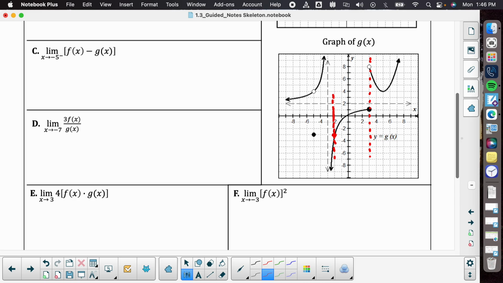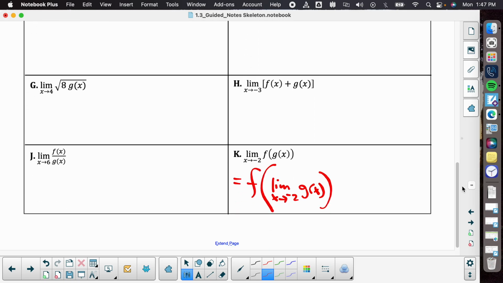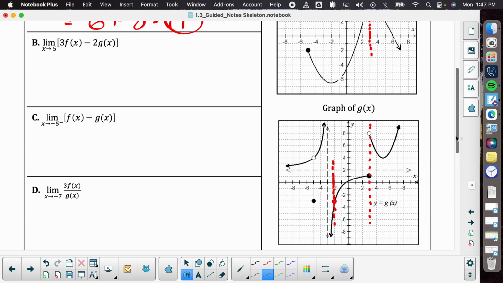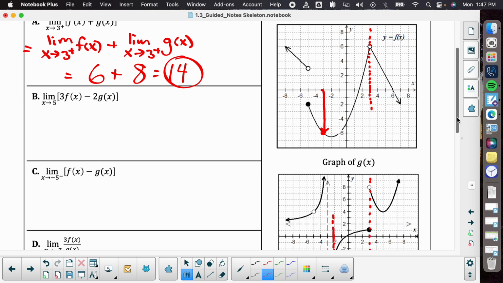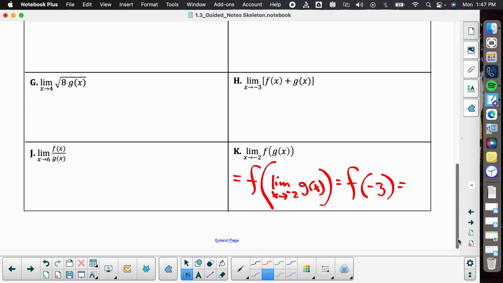But it looks like the answer should be -3. So this would mean I'm going to do f of -3. Then on the upper graph, at x equals -3, the height of the graph is -6. Part of it is just using the properties the way they're written. The composite one is the only one that's different.